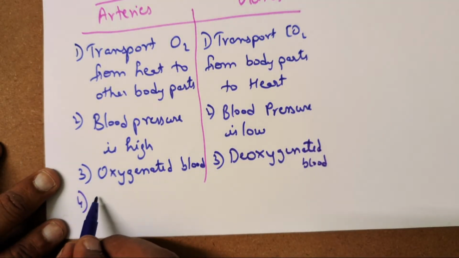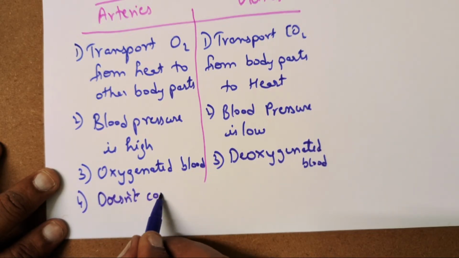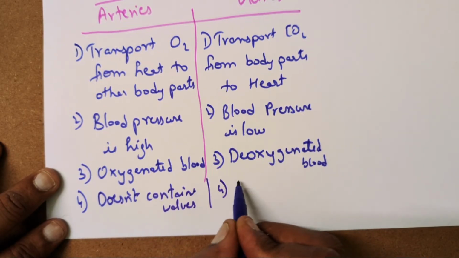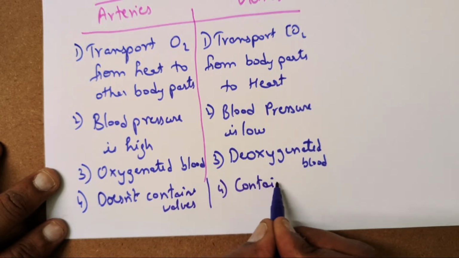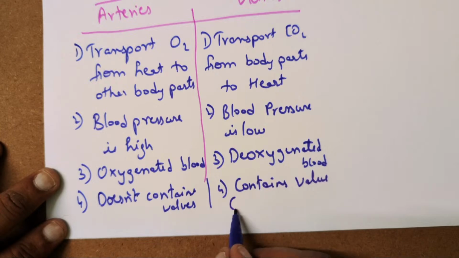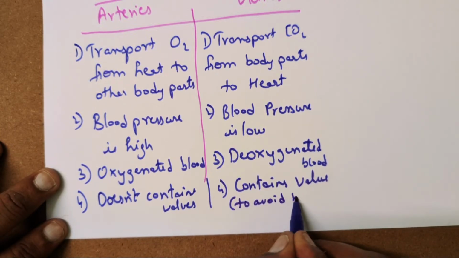Arteries don't contain valves. Veins contain valves. So what is the purpose of valves? To avoid backflow, because we don't want our body parts to again get carbon dioxide rich blood.